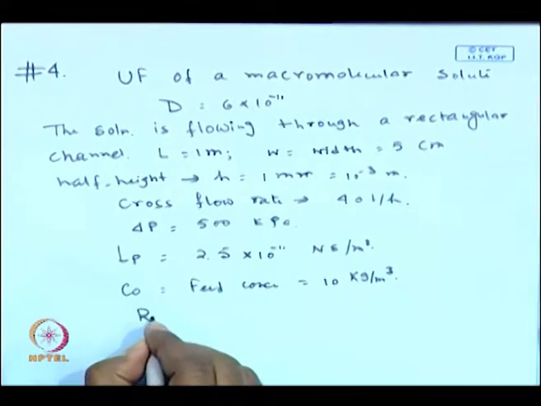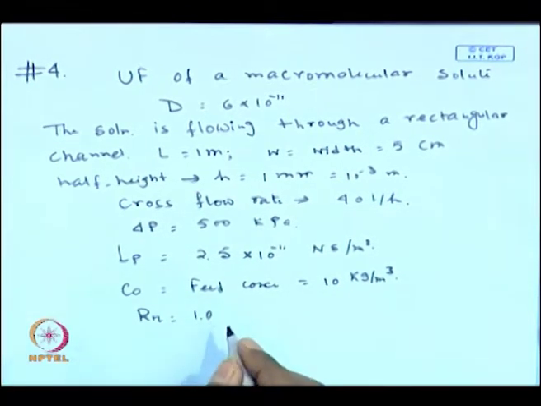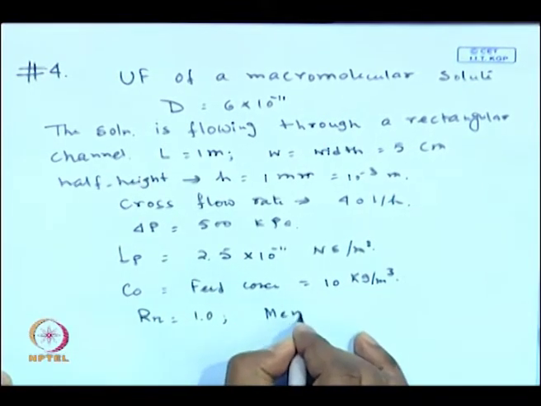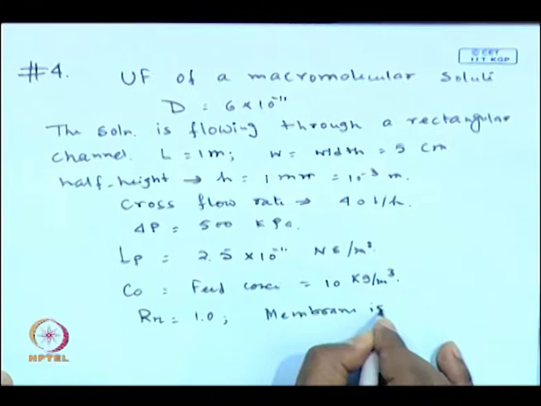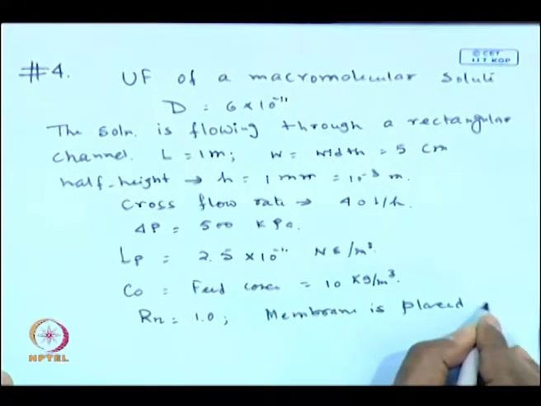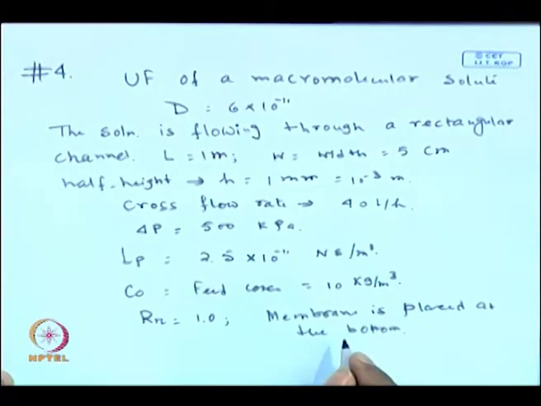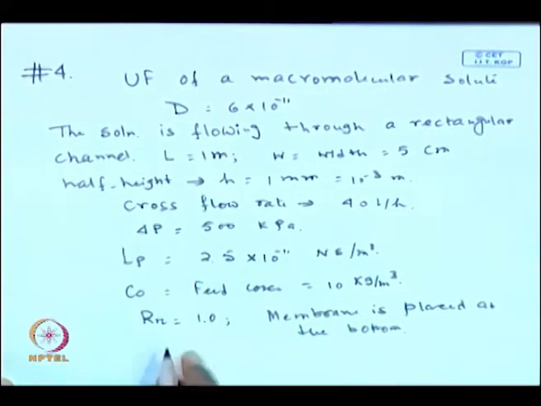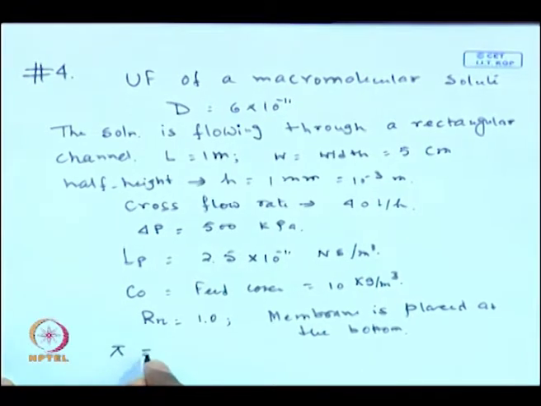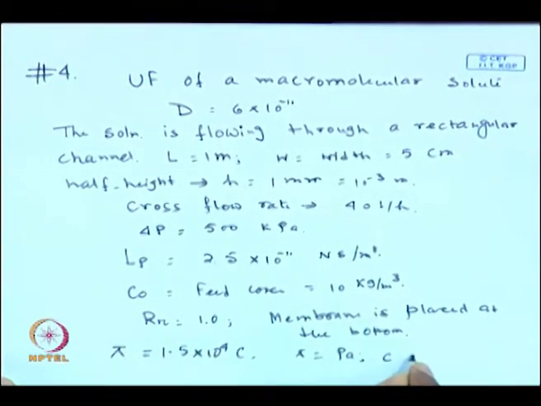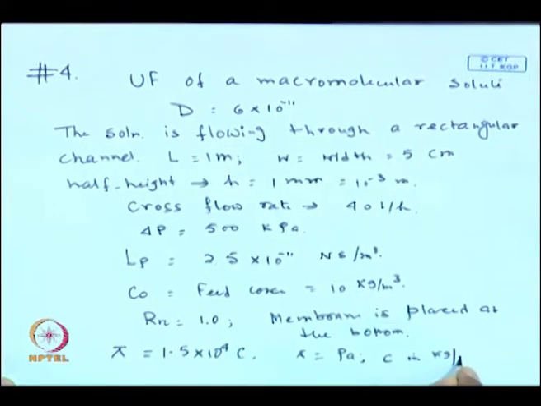The real retention is given as 1, and the membrane is placed at the bottom only, that means only one single wall, and the pi expression with concentration is given as 1.5 into 10 to the power 4 times C, where pi is in Pascal and C is in kg per meter cube. Okay. So, this is the problem.